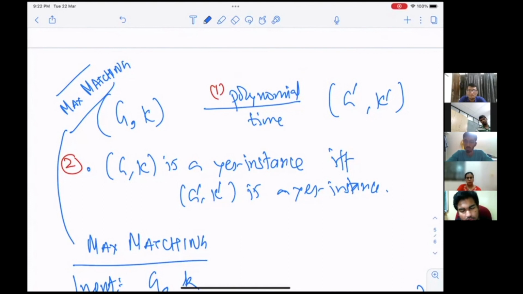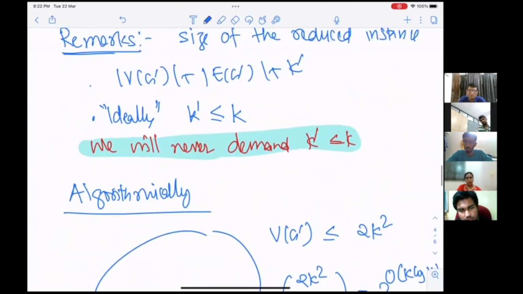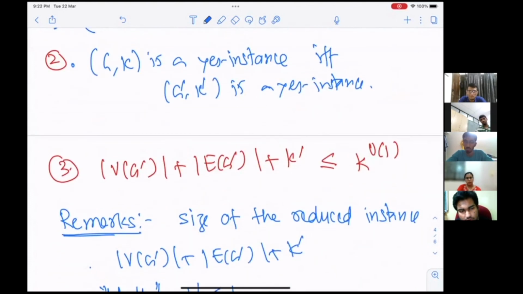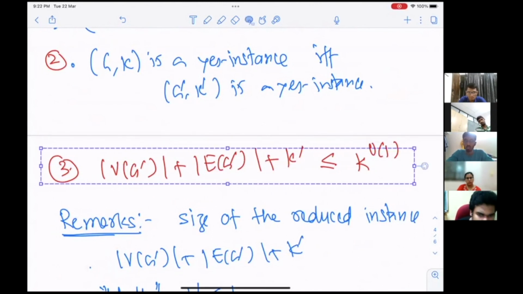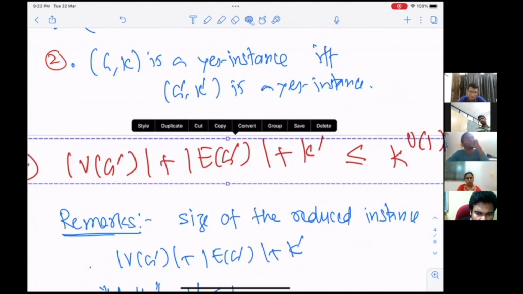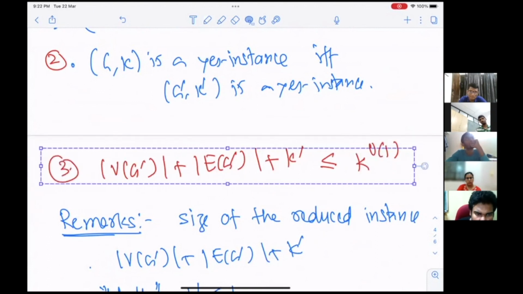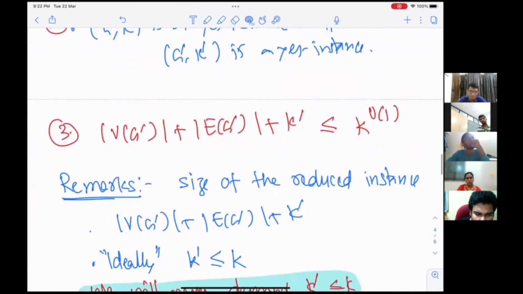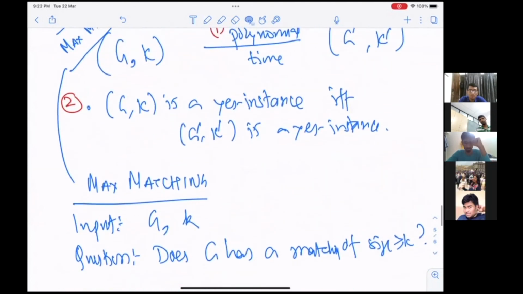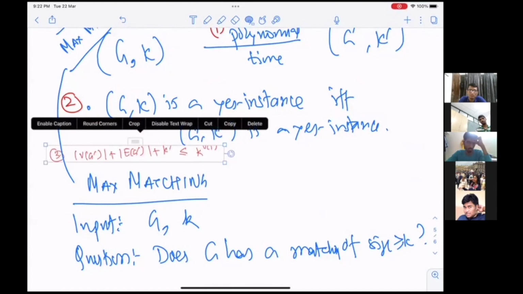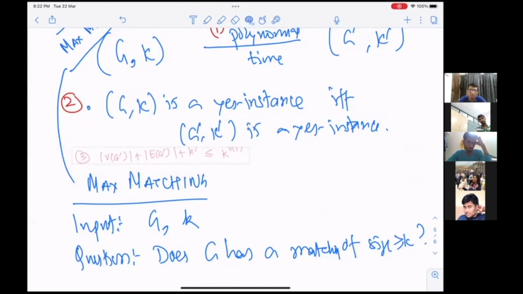Okay, I forgot to add, right? Like the third, we also had some property, right? We also want this property, no? Otherwise, it's trivial. You will just give me the same thing. Otherwise, you will cheat me.